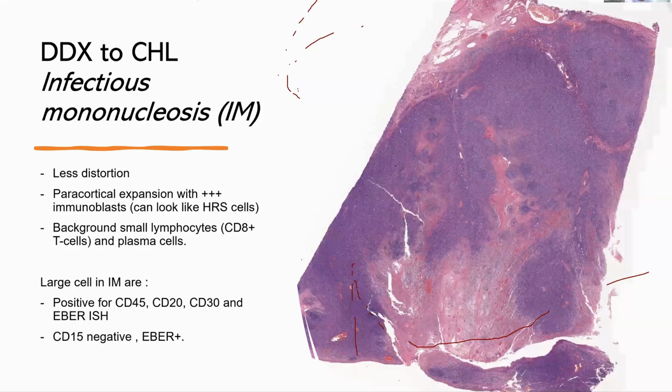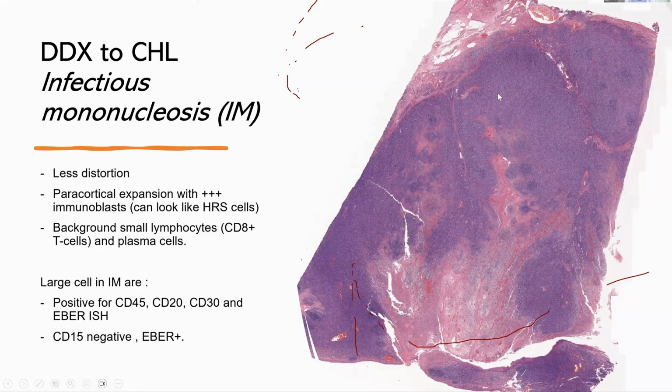Another differential diagnosis, and this is very important not to miss, is infectious mononucleosis. This is a relatively treatable disease. It's not a neoplastic process, but it is EBV associated.